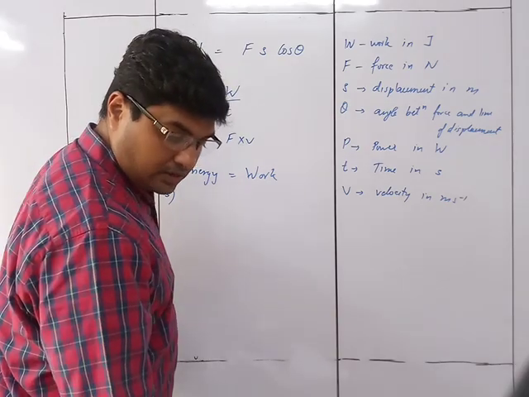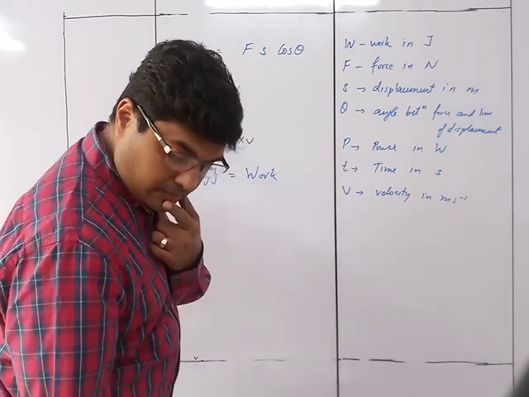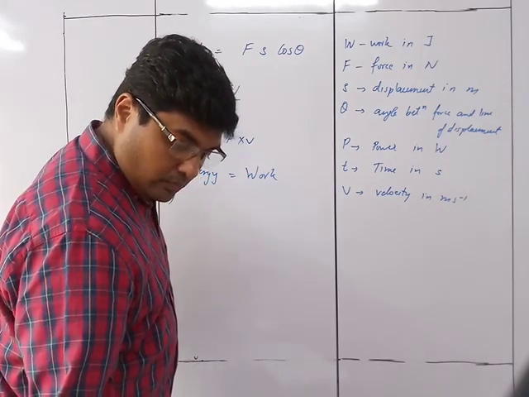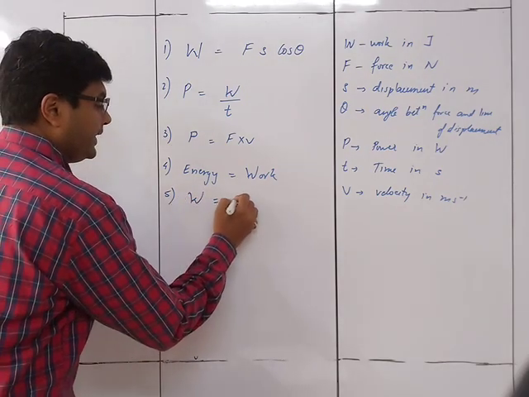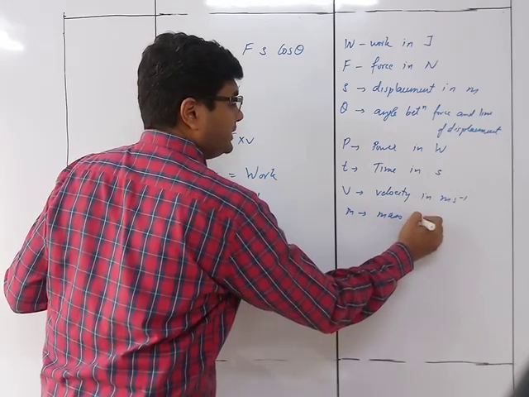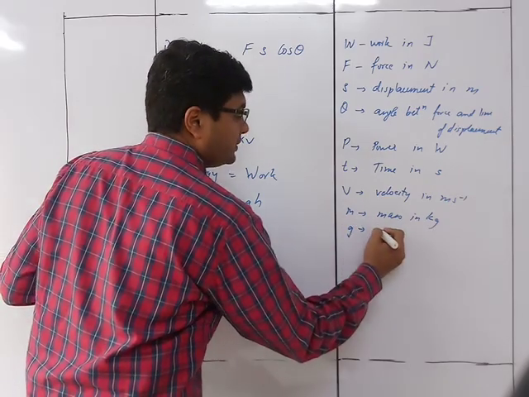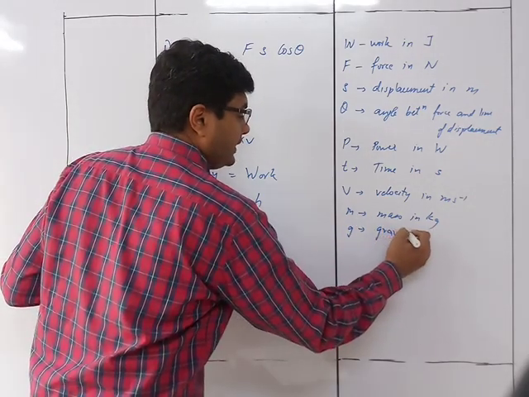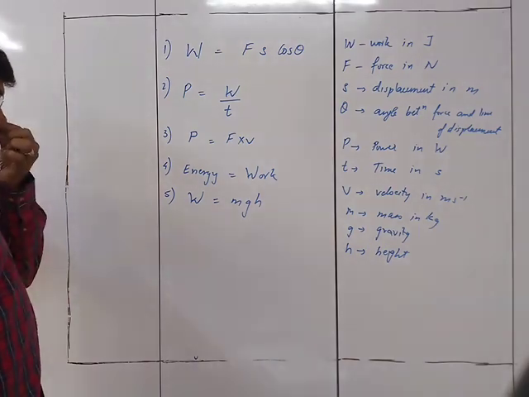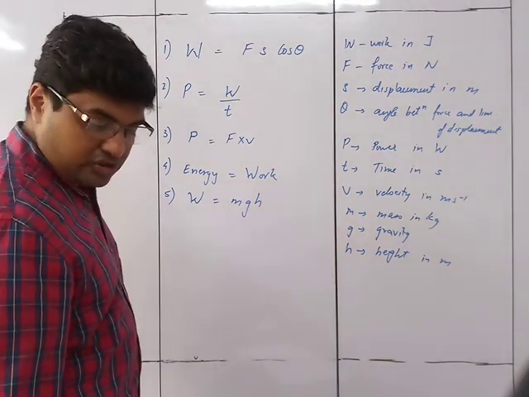So W, work done, is equal to mgh, where m is the mass in kg, g is the gravitational force, gravity, and h is the height of the object in meters. So W is equal to mgh.